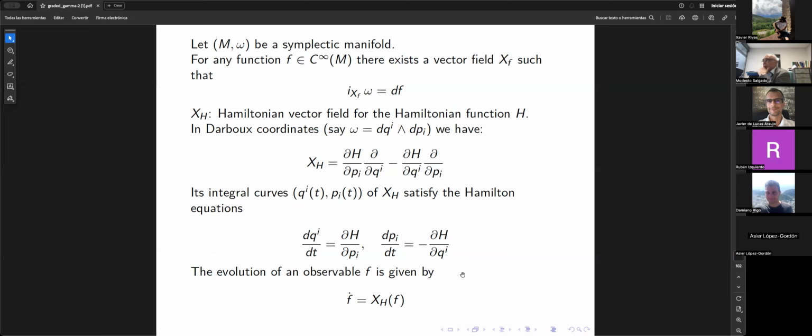The integral curves satisfy the Hamilton equations, and the evolution of any observable f is given just by applying the Hamiltonian vector field to the observable f. So it is the derivative of the observable along the Hamiltonian flow.